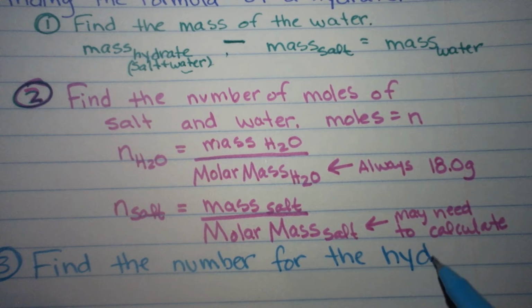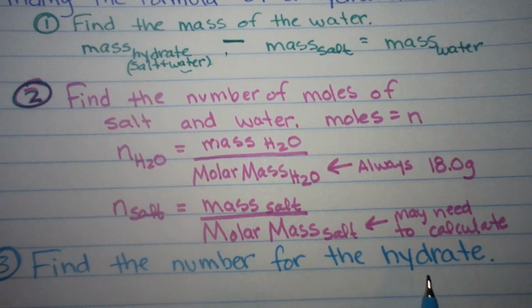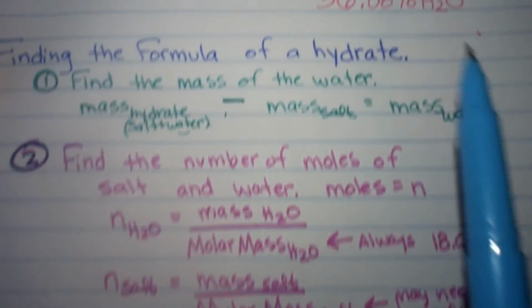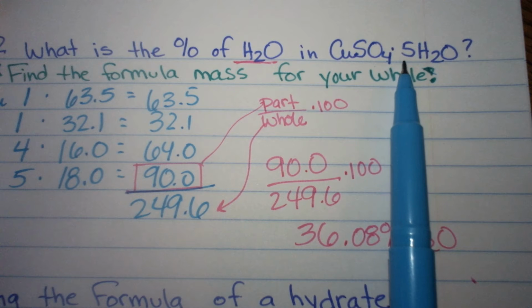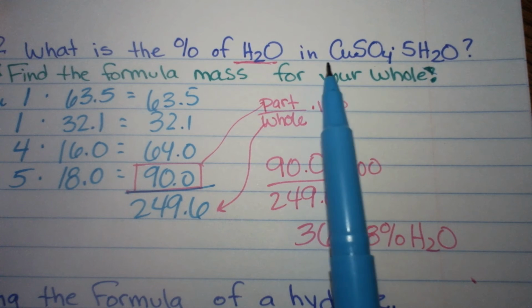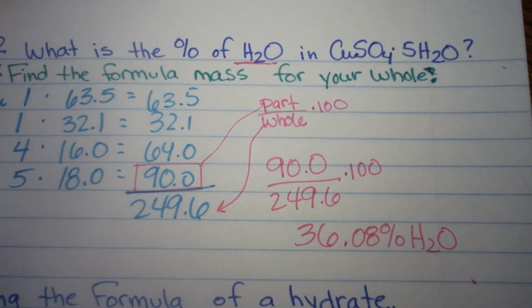We could probably call this a coefficient. But when we say the number with the hydrate, it's kind of review. That would be like this number here. So we have a salt and we have water. We need to know how many moles of water that salt is soaking up.